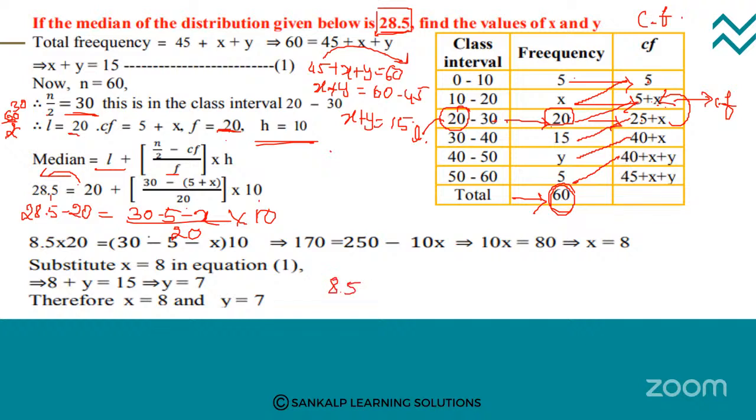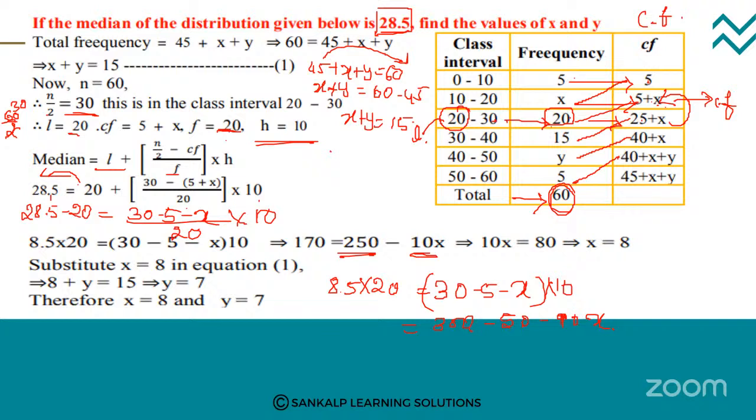Now transfer this 20 to this side, then 8.5 into 20 is equal to 30 minus 5 minus X into 10, right? Now 8.5 into 20 is 170. On the other side, 10 into 30 is 300, minus 10 into 5 is 50, minus 10X. So 300 minus 50 is 250, minus 10X. So 170 is equal to 250 minus 10X.